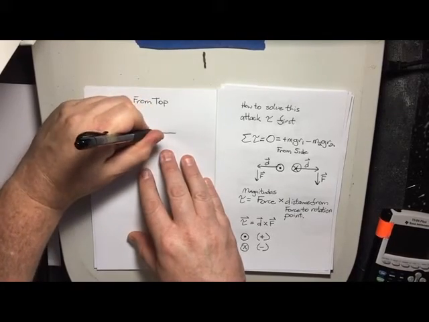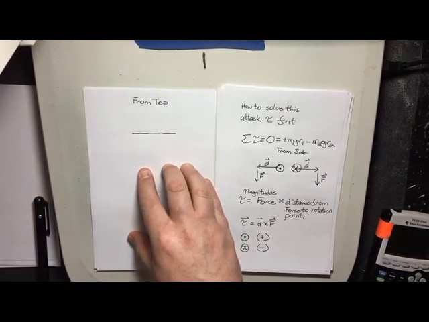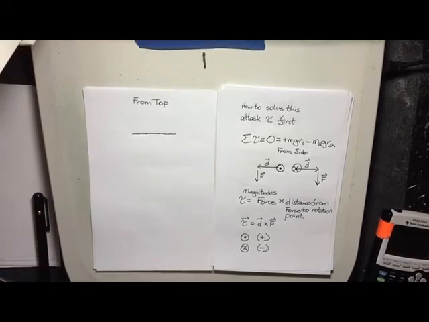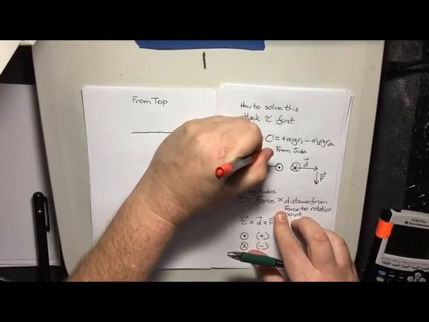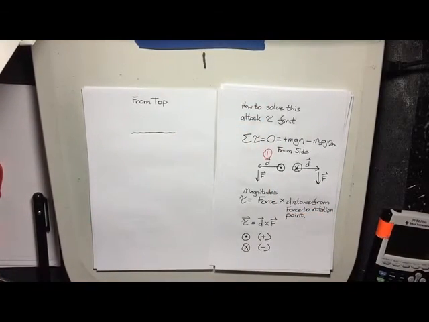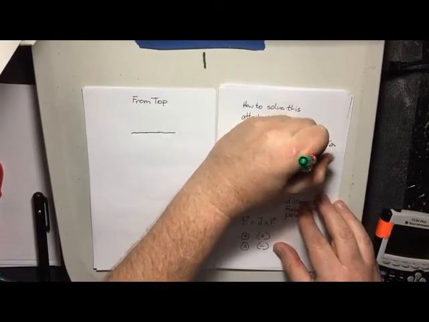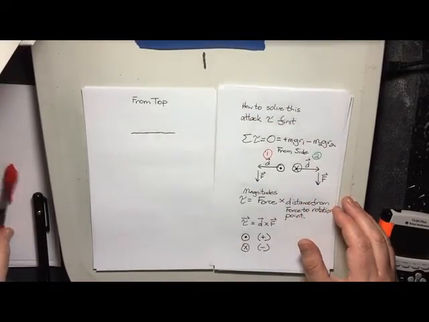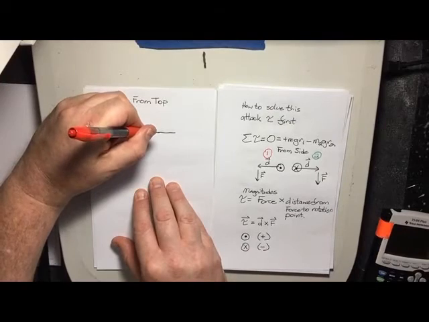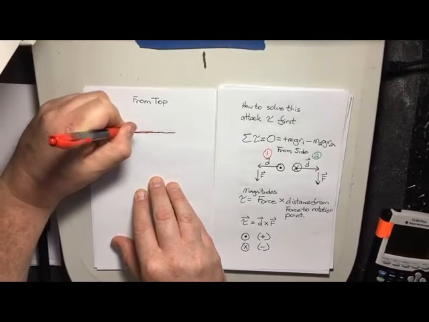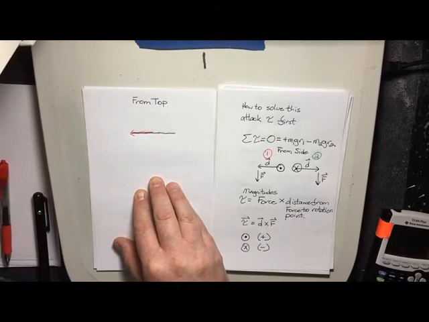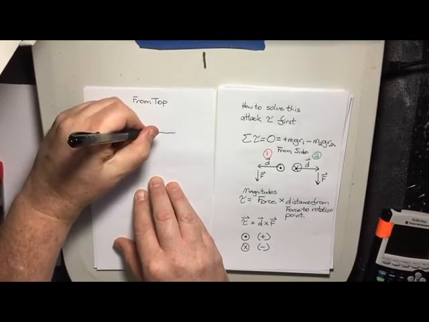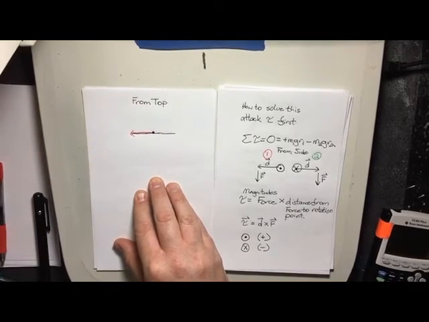From the top, the first vector is like that, the distance vector, because this is the rotation point.